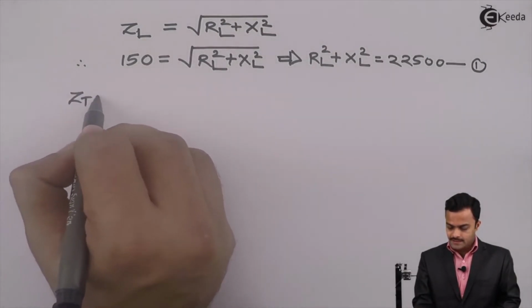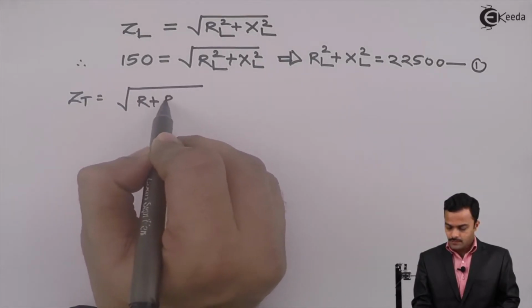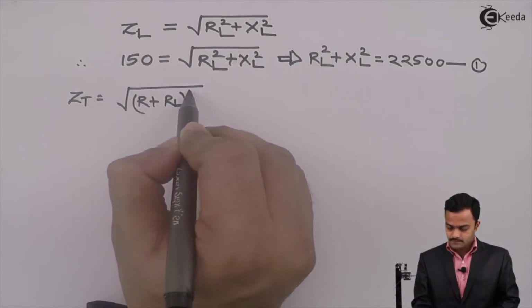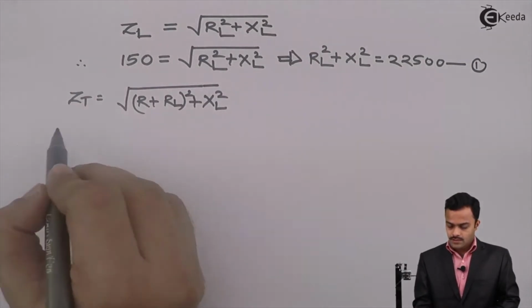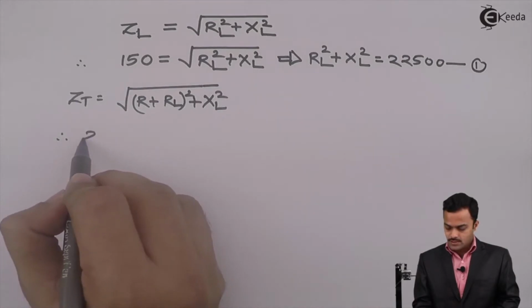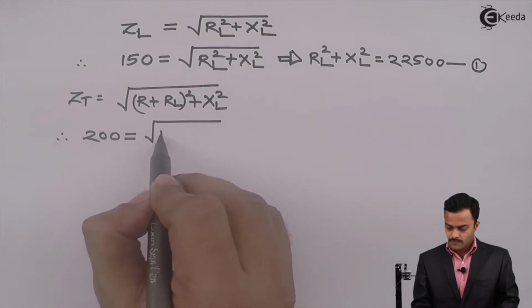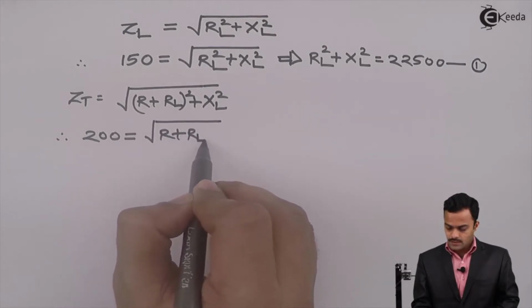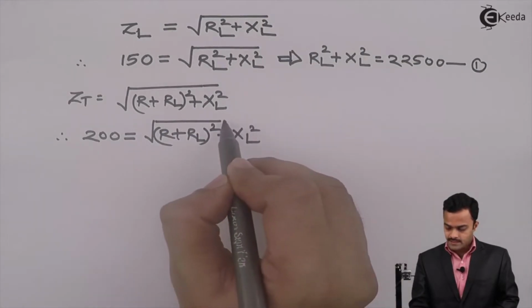Similarly, I can get ZT, that is equal to root of R plus RL the whole square plus XL square. ZT we calculated as 200, so 200 equal to root of R plus RL the whole square plus XL square.